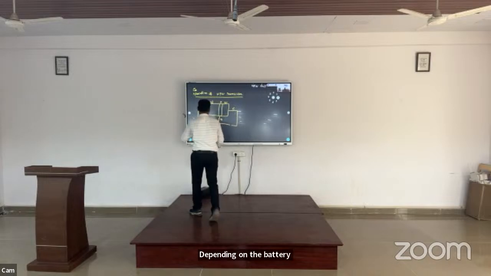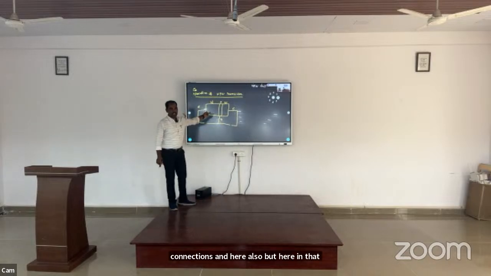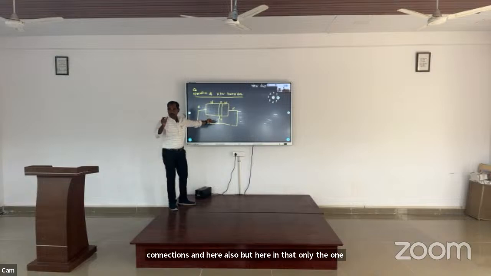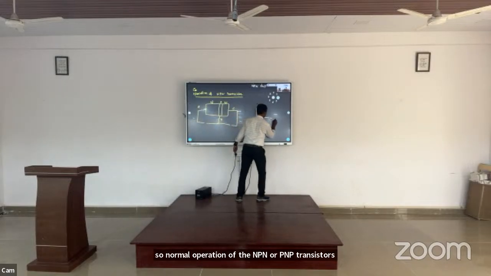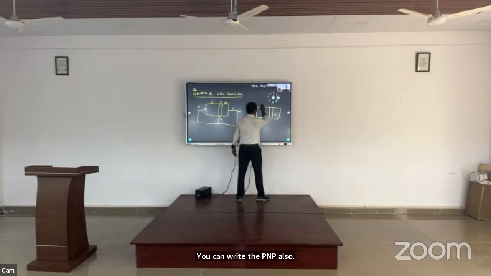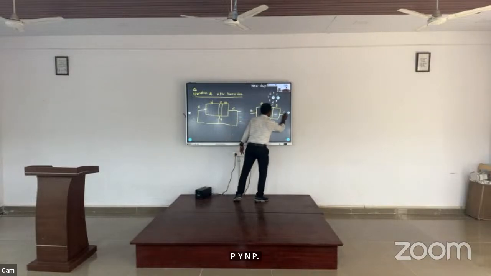Here also, but there it is only one diode, while here there are two diodes, two junctions. So for the normal operation of the NPN or PNP transistors, you can write the PNP also: emitter, base, collector.